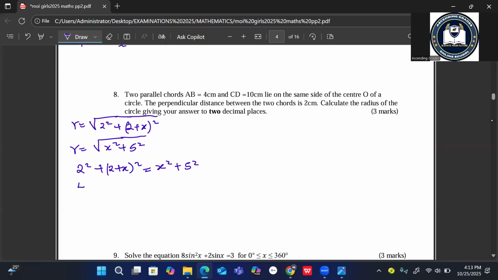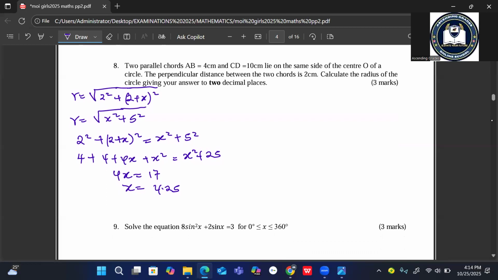So that means we have 4 plus 4x plus x squared is equal to x squared plus 25. So 4x is going to be equal to 17. So that x is equal to 4.25.